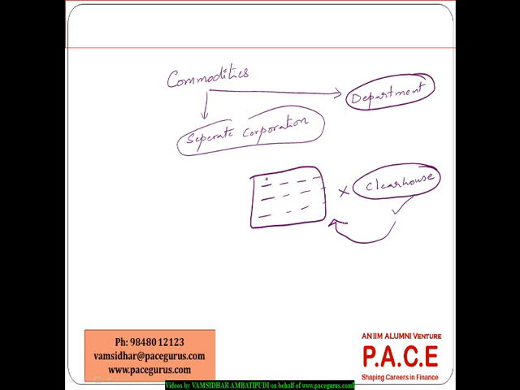So even if the clearing house is a separate department within the exchange or a separate corporation, whosoever are the members of the clearing house, it is mandatory that they are members of the exchange also. Whereas the converse, all the members of the exchange need not be members of the clearing house at all. So this is one more important dimension that we need to understand between the exchange and the clearing house.